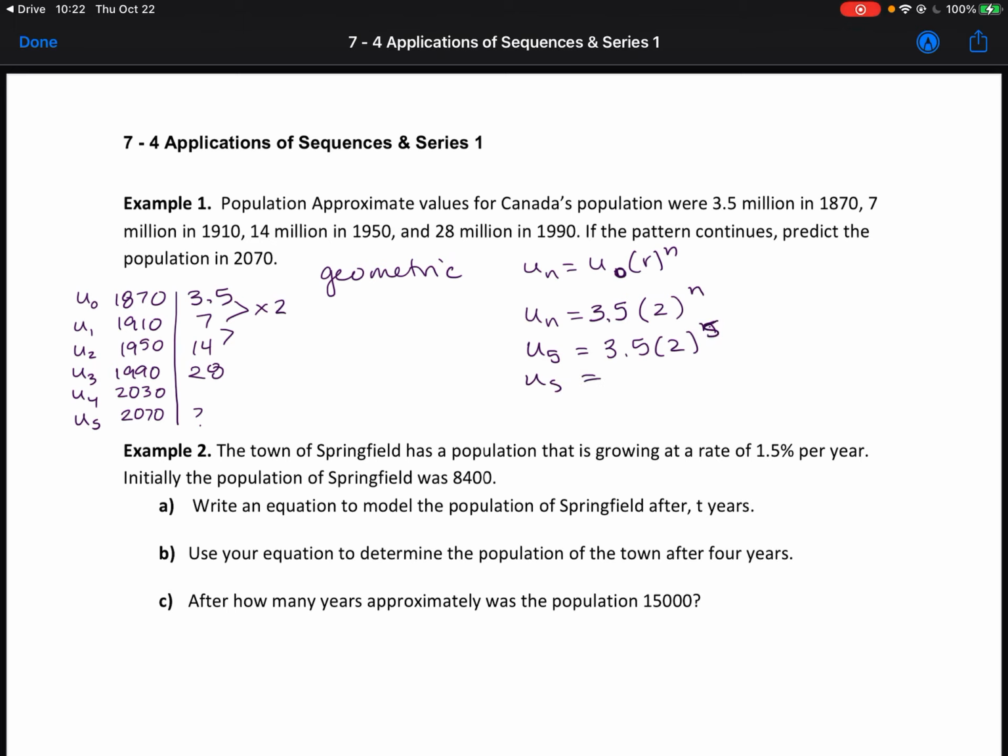Here, just using my calculator, I've got 2 to the 5 there. So then I've got 32 times 3.5, which tells me that the population will be 112 million in 2070.